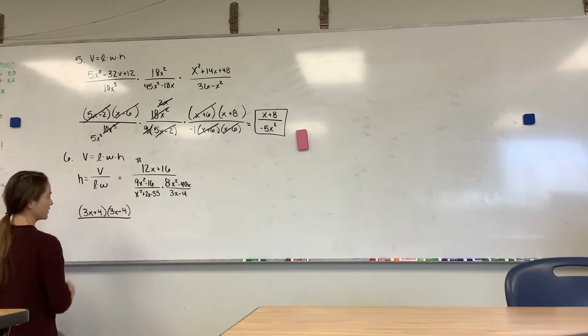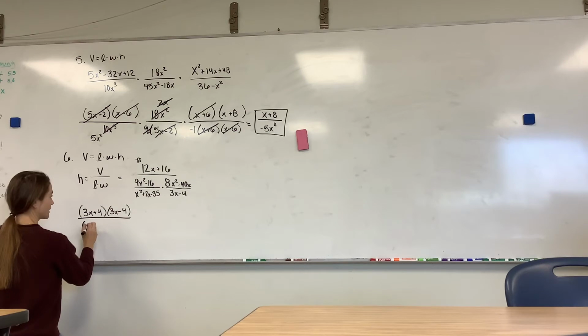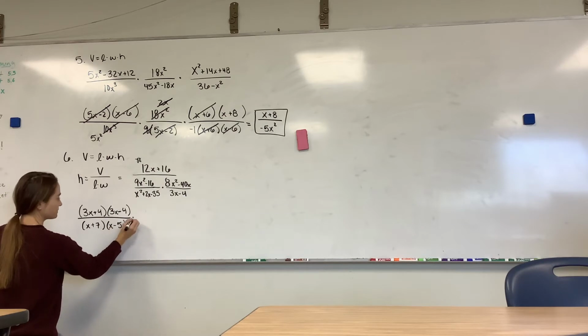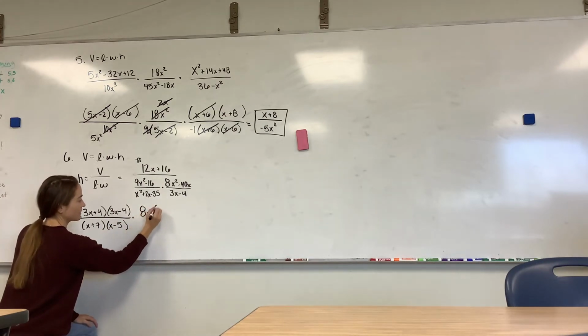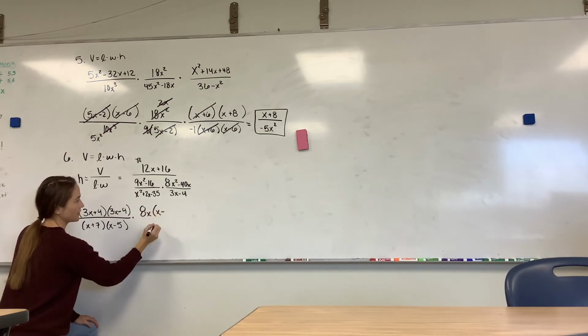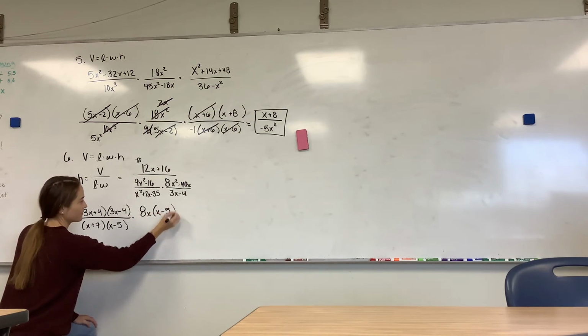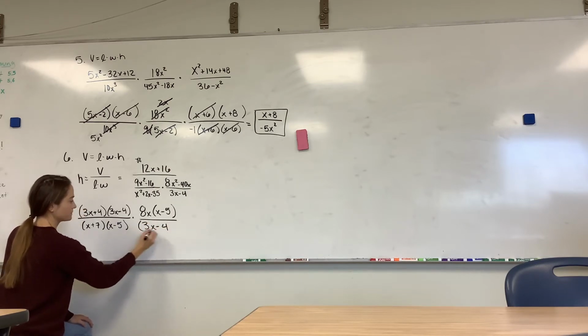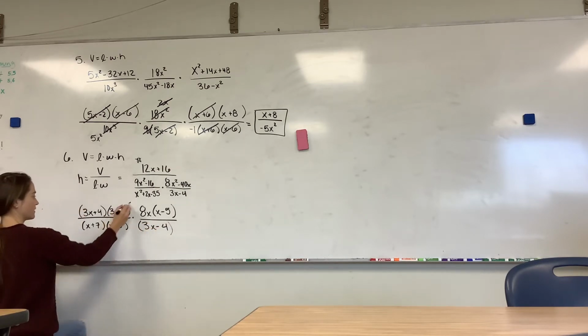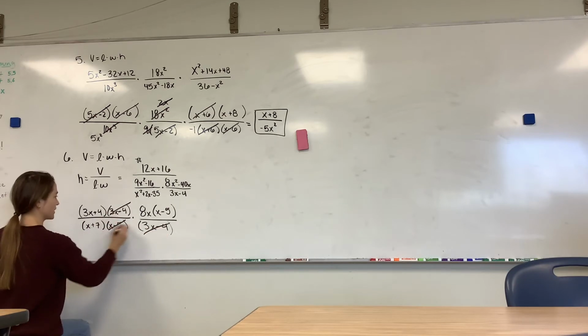factoring this expression, I get an x plus 7 and an x minus 5 times. I'm going to pull out an 8x, and I'm left with x minus 5 all over a 3x minus 4. This will cancel out. This will cancel out.